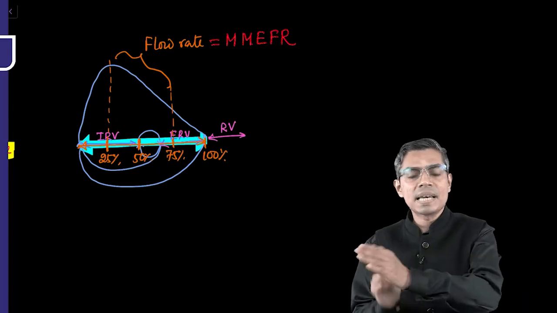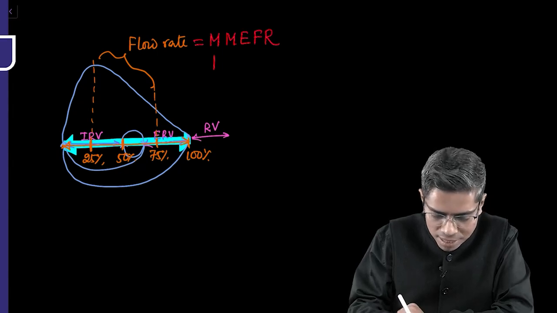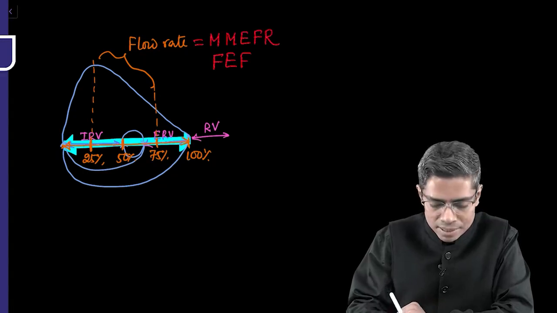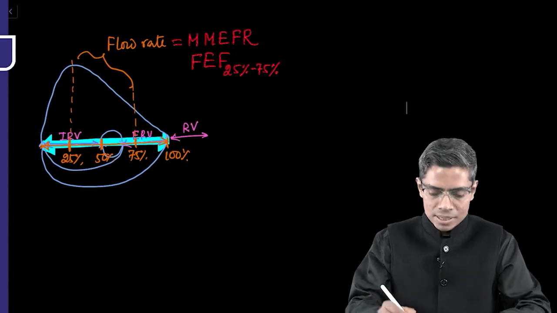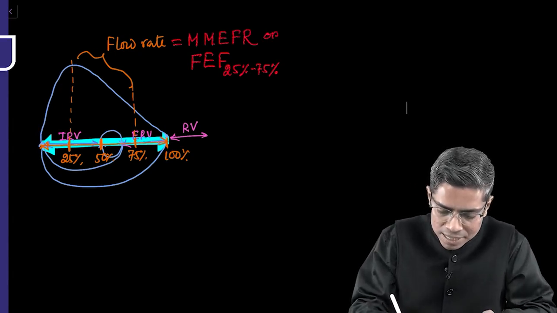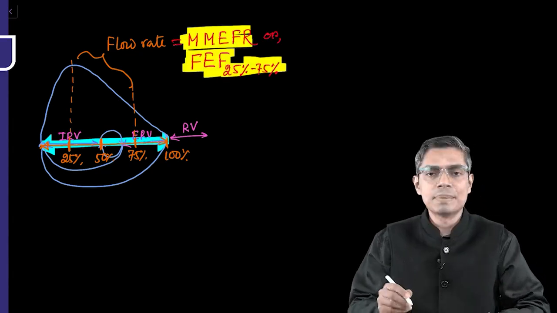Maximum mid expiratory flow rate, which is recently known as FEF, forced expiratory flow rate, from 25% to 75% of volume. Getting my point? So maximum mid expiratory flow rate is also known as FEF, 25 to 75%.